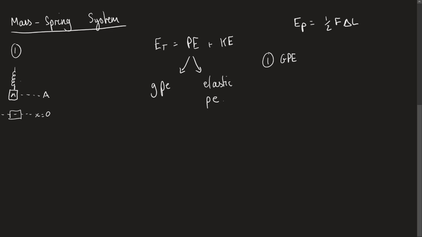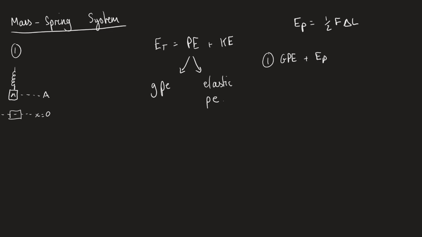So even though it's not extended, we still have a change in L, which means if we have a change in L and there's a force present, and the force currently is just the force due to the weight, that must mean there is some elastic potential energy as well. But there is zero kinetic energy at this point, and when it reaches a maximum on either side, whether it's at the top or at the bottom, its kinetic energy has to be 0.